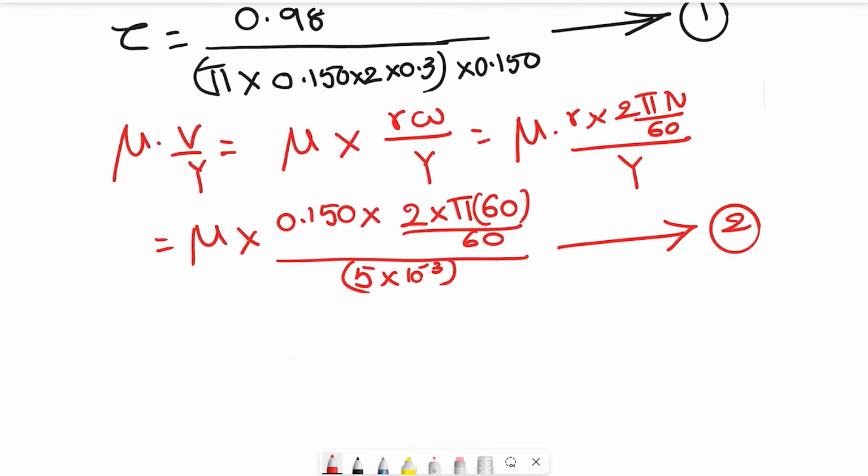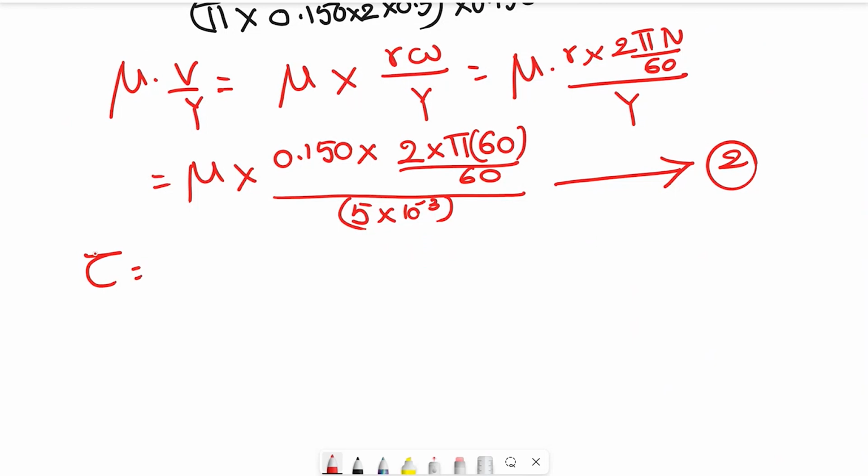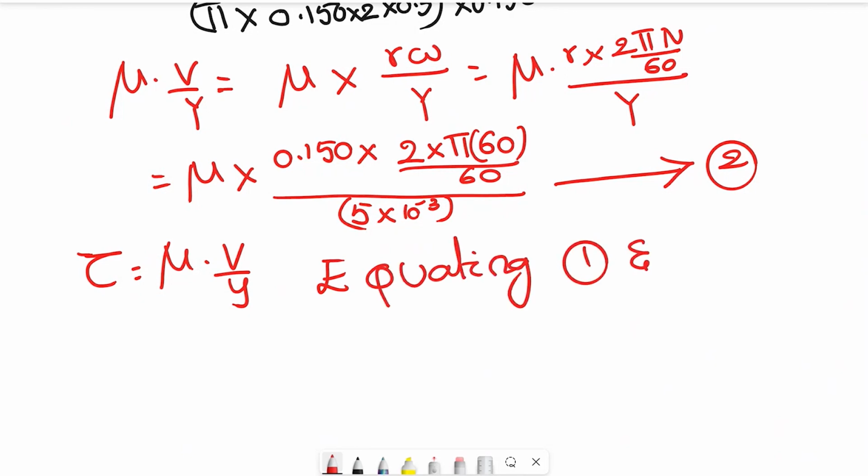Now basically we know tau is equal to mu into v by y. So equating 1 and 2, what we will get?